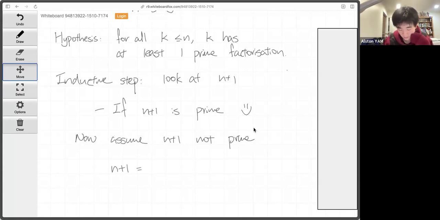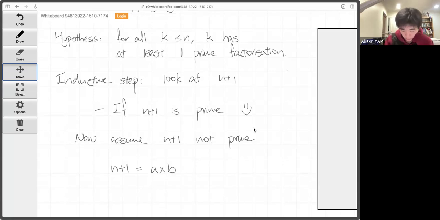So we can write n plus 1 equals a times b for some a and b. And we also know that a and b are both less than or equal to n, because n plus 1 is pretty big, and a and b will both be less than it.